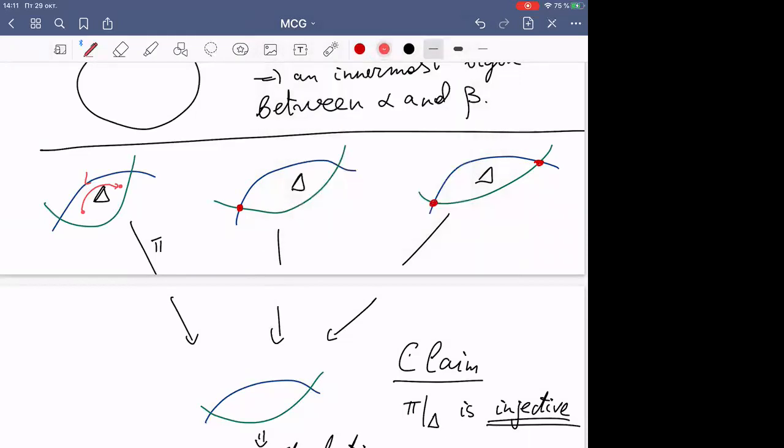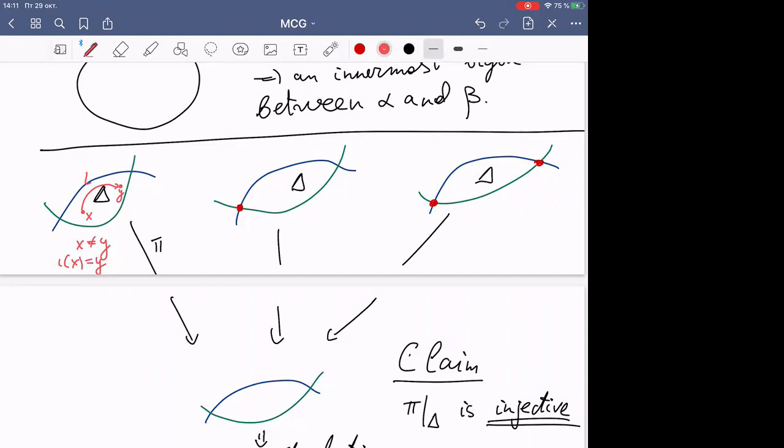Okay, so suppose that a point x here goes to another point y here, and iota of x equals y. First of all, they are not fixed points.